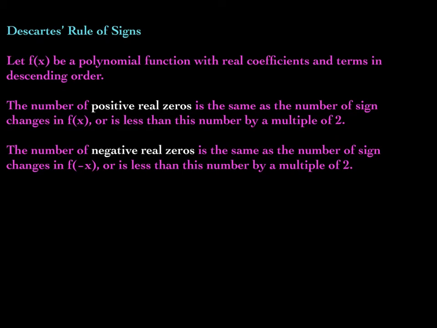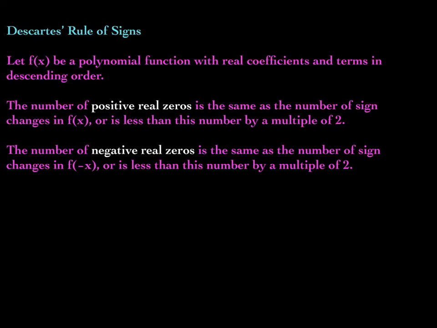The number of negative real zeros is the same as the number of sign changes in f of -x, or is less than this number by a multiple of 2. So basically, Descartes' rule of signs is telling you how many possible positive zeros you have and how many possible negative zeros you have. I should say positive real and negative real zeros.